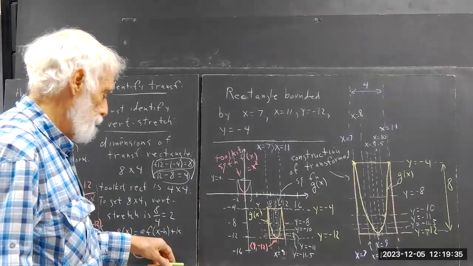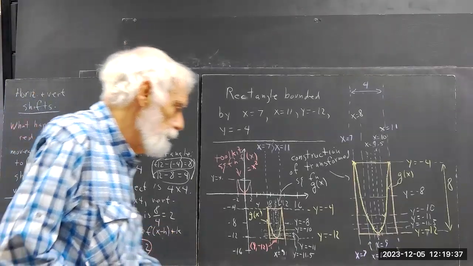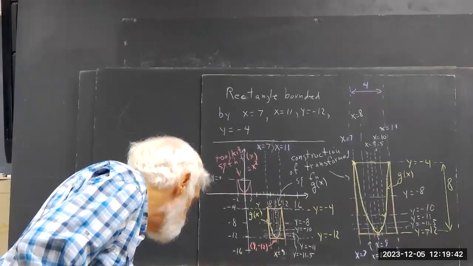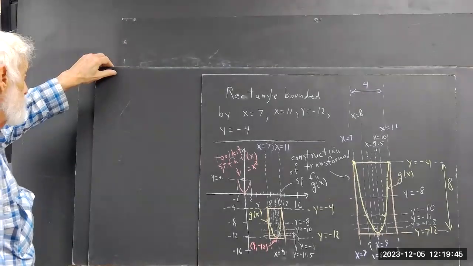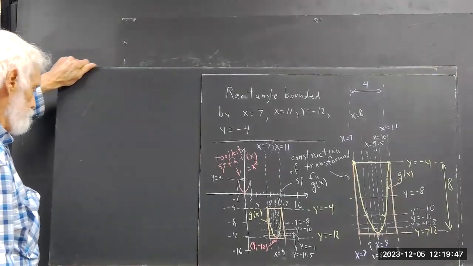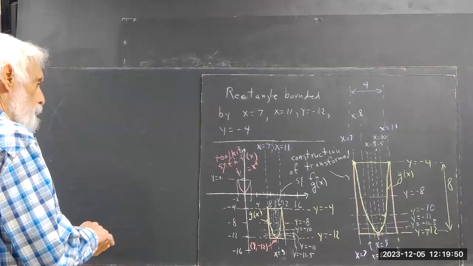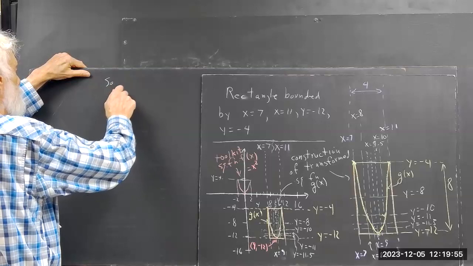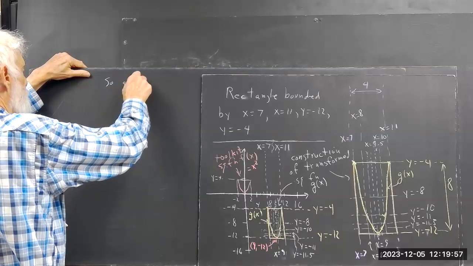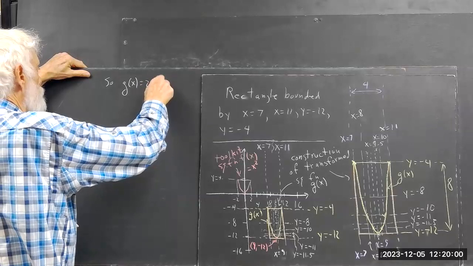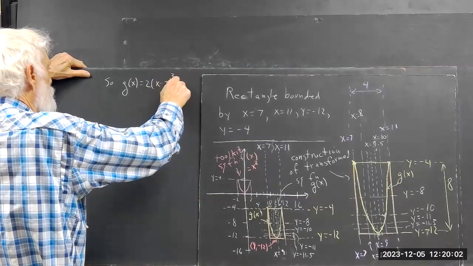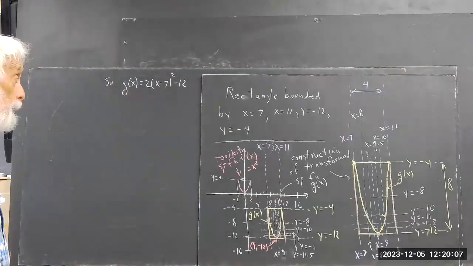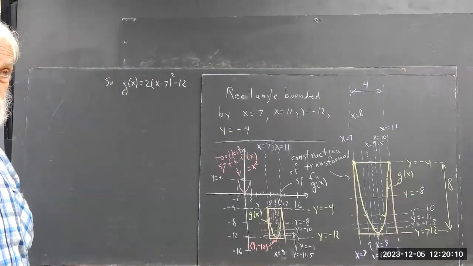So what can we do with this? Okay, g of x is 2 times the quantity x minus 7 squared minus 12.